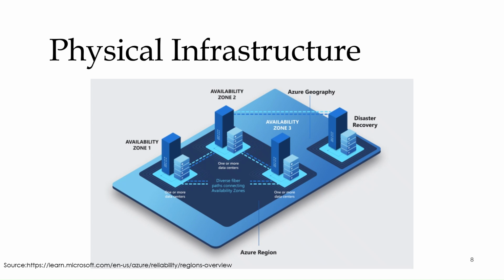These data centers are connected by a high capacity, fault tolerant, low latency network connection. So this is the physical structure of Azure Cloud. The image is representing only one geography, but actually it is globally present.